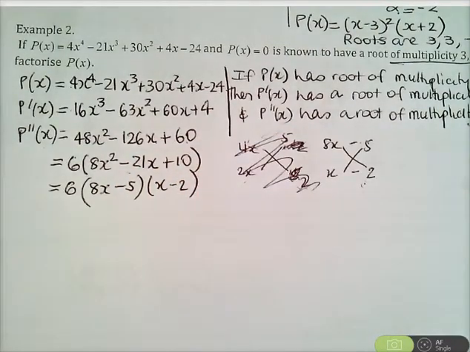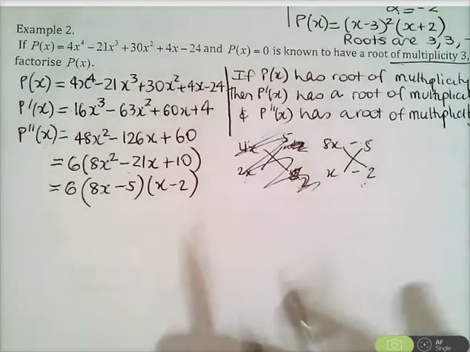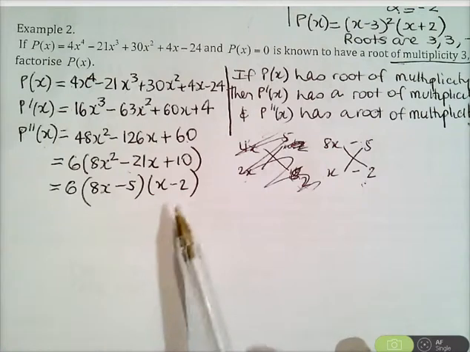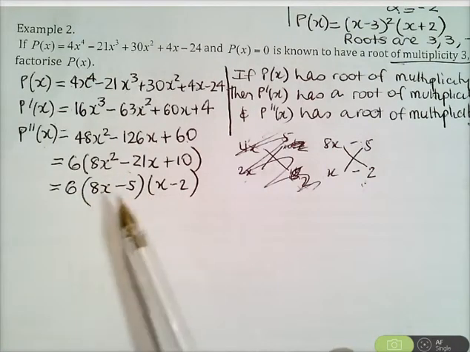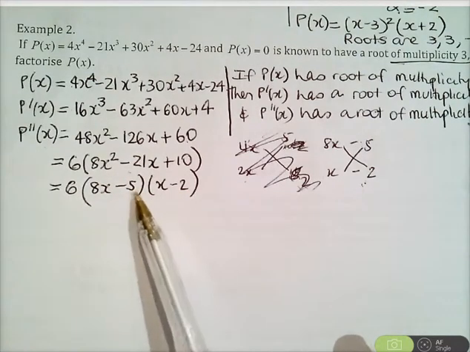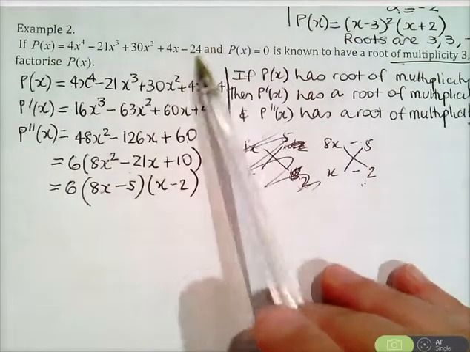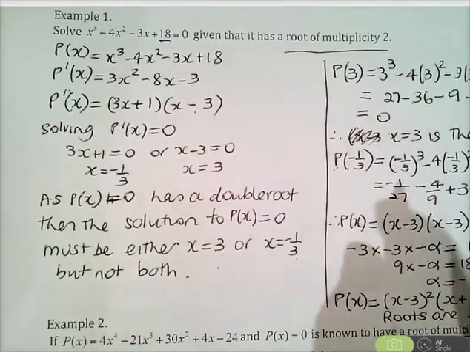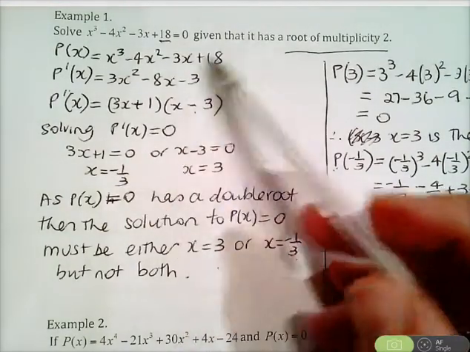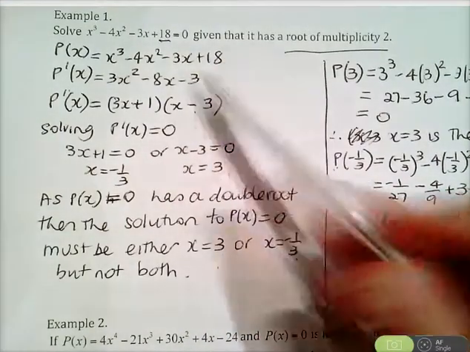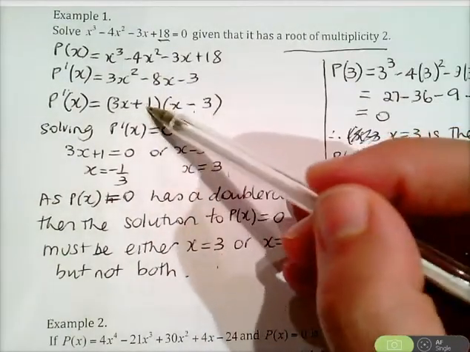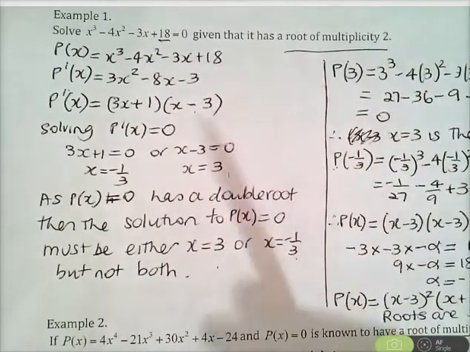Now, we have to decide which of these is going to be the root of multiplicity. If you just look at this, we know that 5 is not a factor of 24. Like if you look up here, I suppose we could have said the same thing, that actually, 1 is a factor of 18 and negative 3 could be a factor of 18.